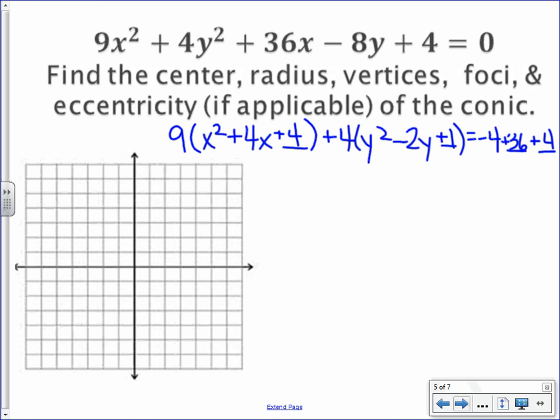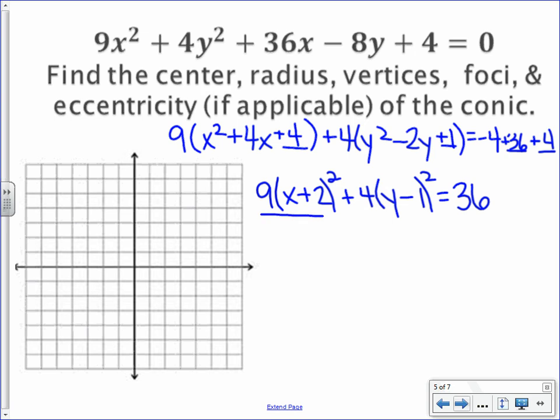So what we have is 9 times, this becomes x plus 2, the quantity squared, plus 4 times, this becomes y minus 1, the quantity squared, equals 36. We're almost there. We have an x minus h squared and a y minus k squared, but the right side needs to be equal to 1.